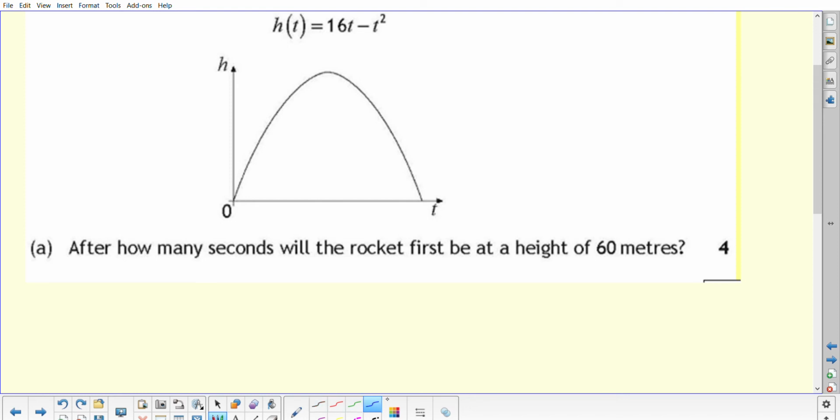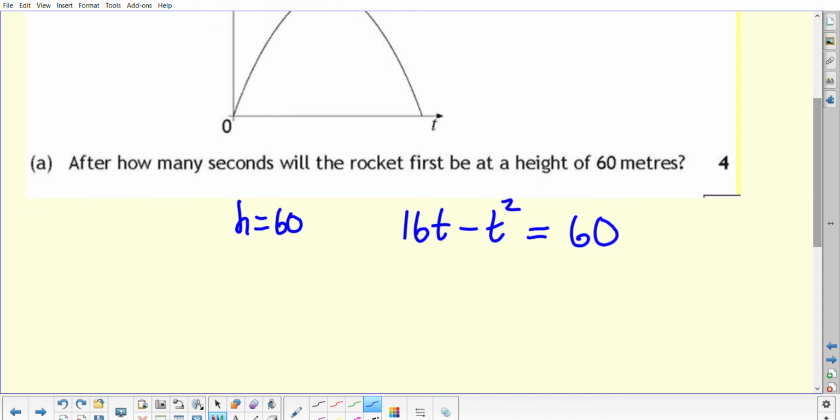So in order to do this question, you would be putting in h equals 60. So you're trying to do 16t minus t squared equal to 60. Now, this is one where you want to have a positive t squared, so we're going to add t squared and subtract 16t from each side.